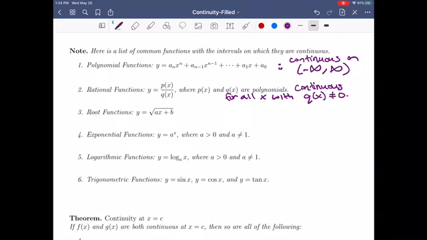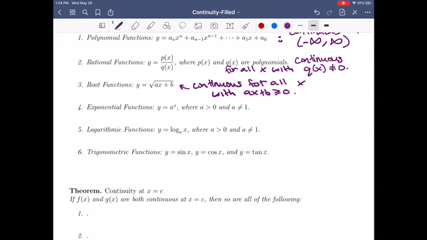Now if you have a root function, I wrote it as a linear function inside, but it doesn't matter. They're also continuous everywhere in their domain, so continuous for all x where the function inside, ax plus b, is at least 0.